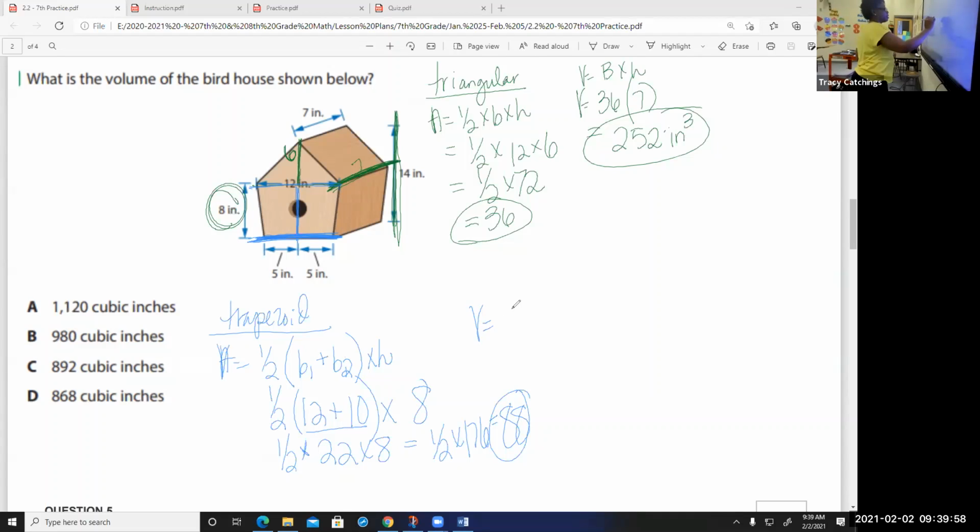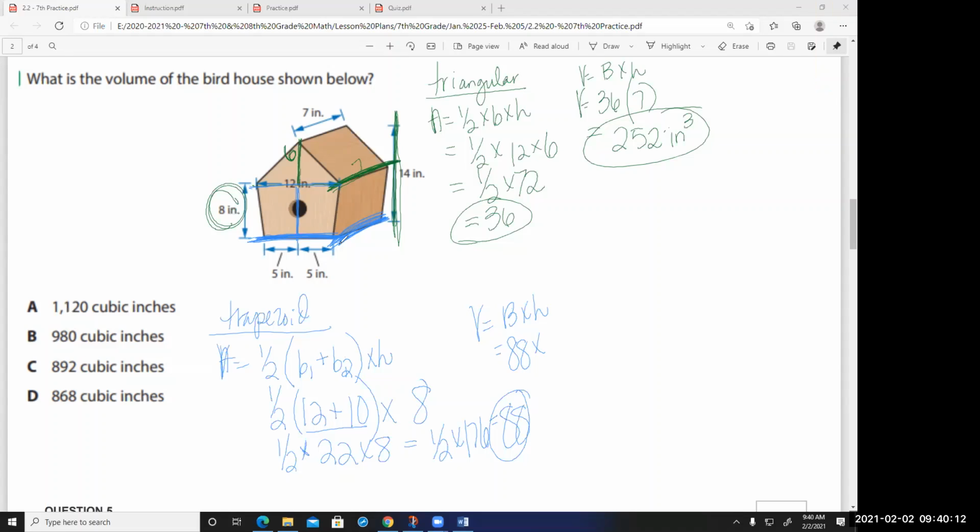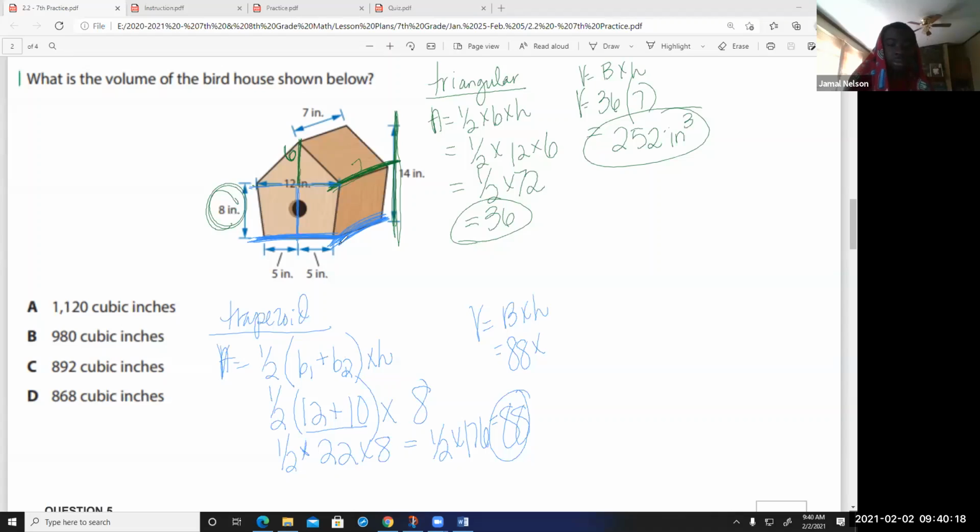So now we need to take the area of that base and multiply it by the height of that trapezoid, or in other words, the opposite direction. 1,144. You missed me. We got 1,000 something. What's the height of that trapezoid?